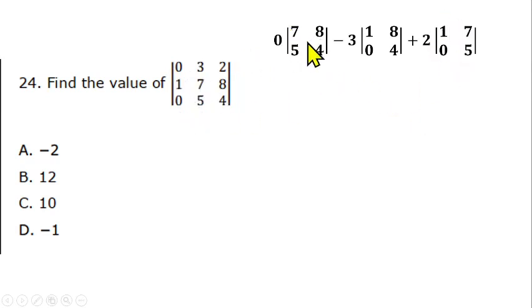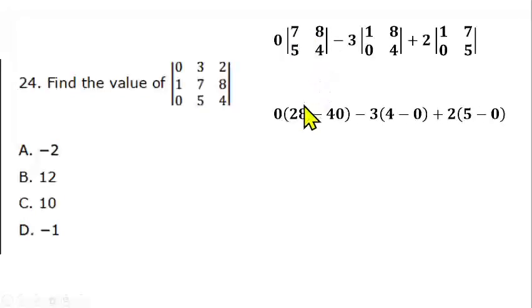Then from there you can now find the determinant of these 2 by 2 matrices. Cross multiply and subtract. So you have 0 into 7 times 4 is 28, minus 4 times 5, 5 times 8 will give us minus 40. Then minus 3 into 1 times 4 is 4, minus 0 times 8 will give us 0.